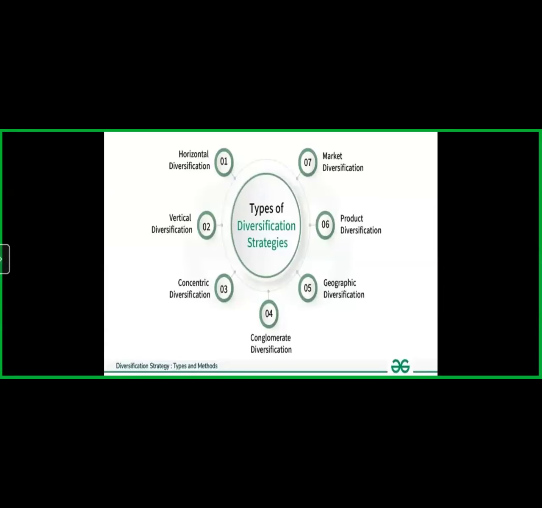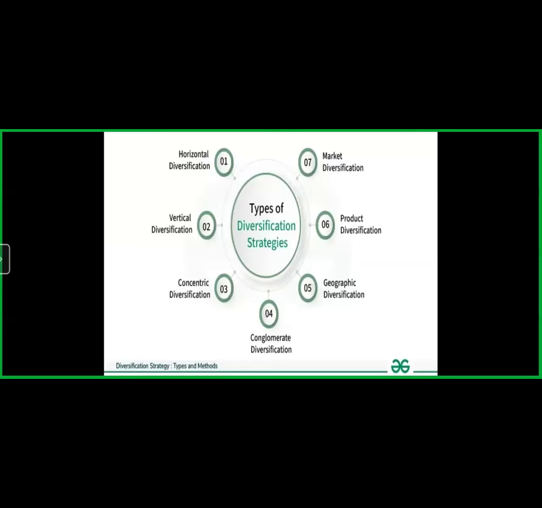Now the fourth one is conglomerate diversification. Conglomerate diversification is when the company decides that we are going to diversify our business interest in various sectors, which are related, which are not related, both.